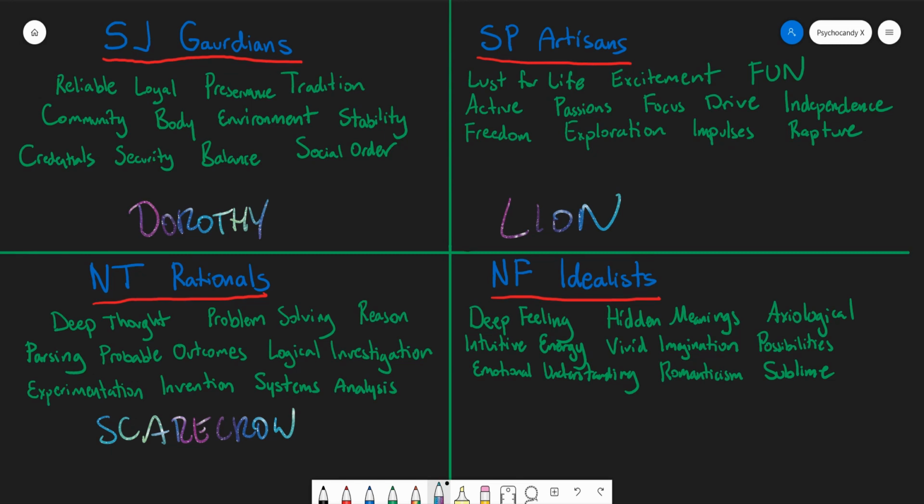The way that they process information is through a very axiological lens, where they're constantly considering what is morally right and wrong, what are the ethics of the situation, what are the aesthetics, what is the value, and how does it apply to the bigger picture of what it means to be a human being in this world.